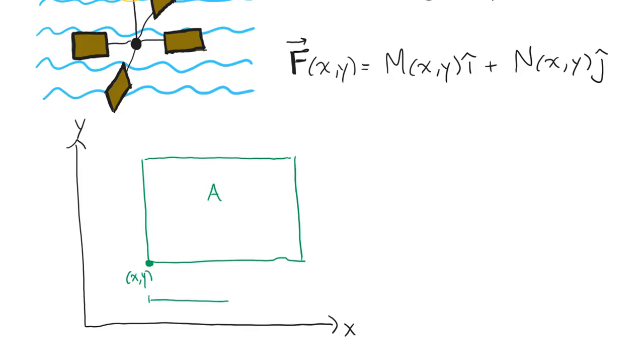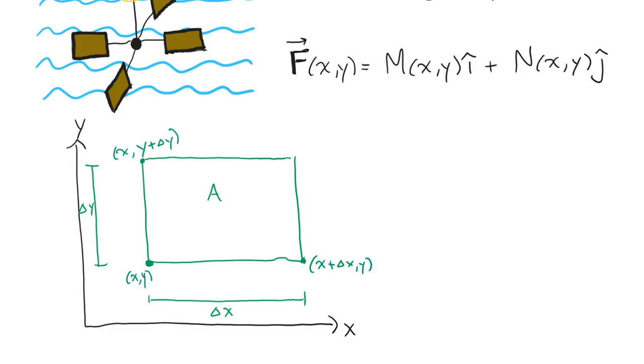And then we've traveled some distance delta x, which is unknown, and then this is x plus delta x comma y, and then likewise we have also traveled some distance delta y, which is also unknown, and this is x comma y plus delta y.